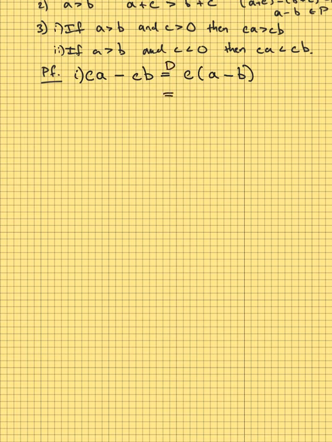And A minus B is in P, and C is greater than 0, so by property 2, compatibility with multiplication, we get that this is in P as well.